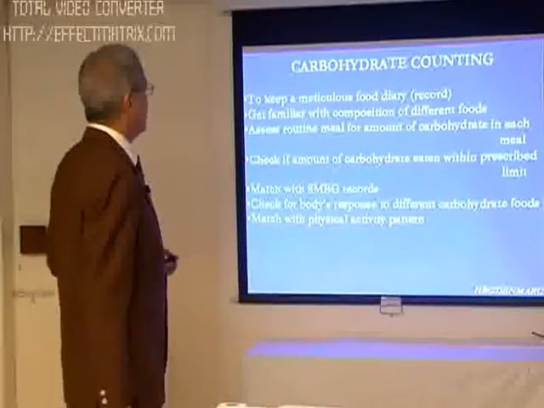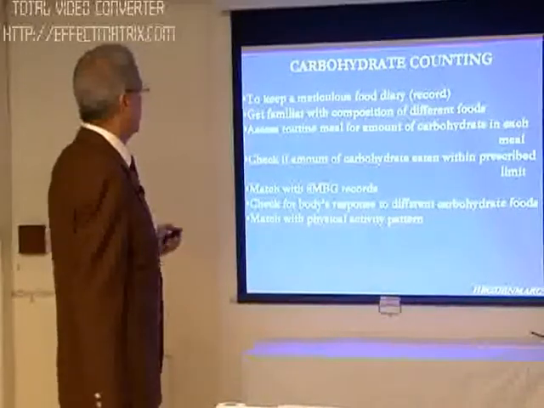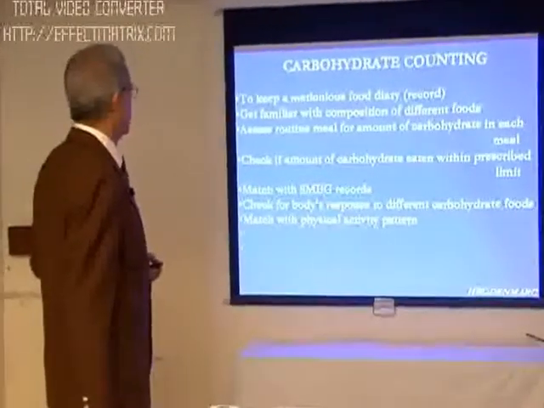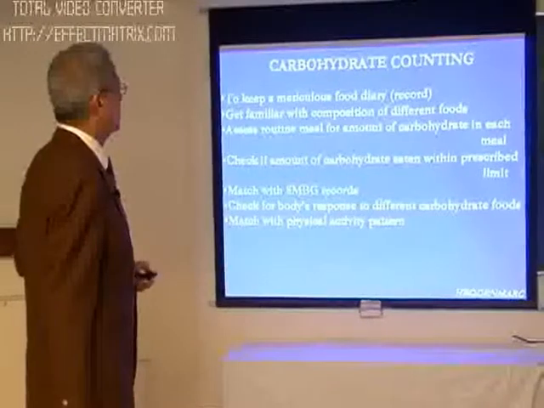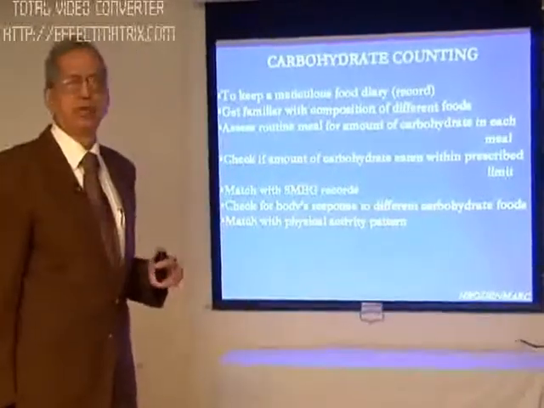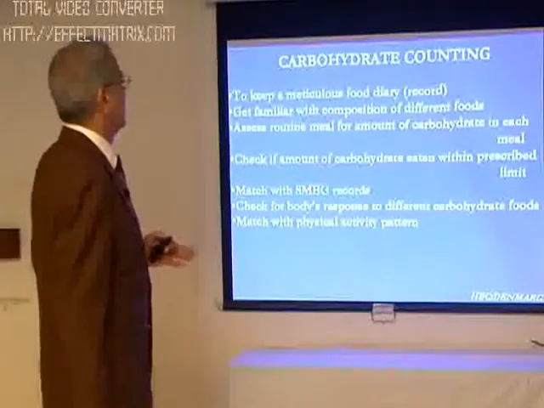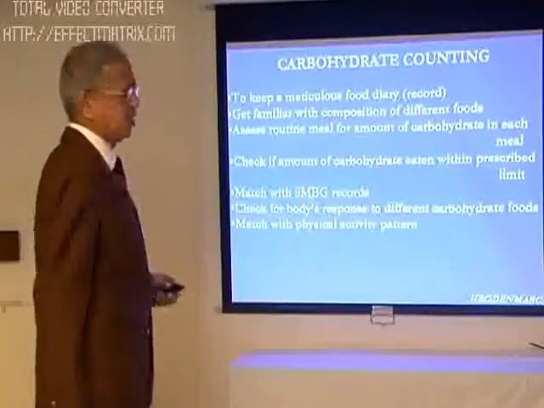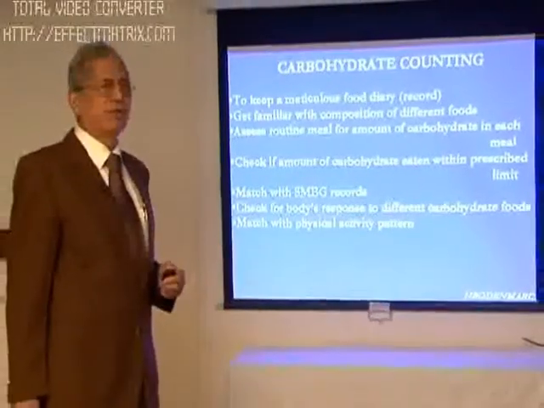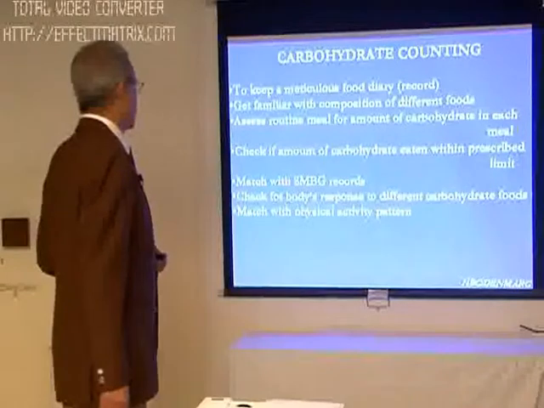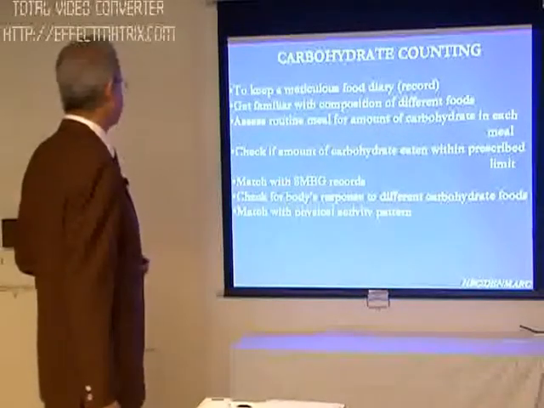Patient has to match by using this experiment continuously and see with his self blood glucose monitoring whether he has been correct in the calculation. One, in the calculation, and number two, in using a certain insulin carbohydrate ratio. Whether both of these are correct or not will be finally judged by the blood glucose monitoring, and whether they are reaching the target range or are far off from the target range.